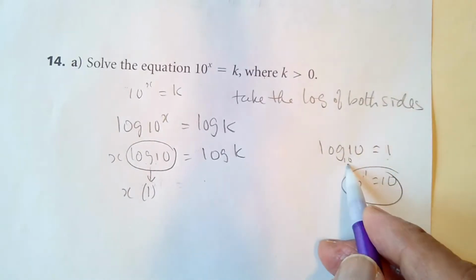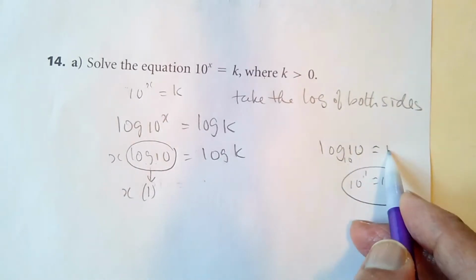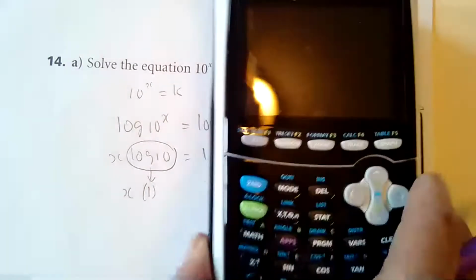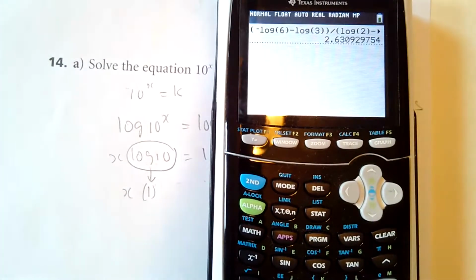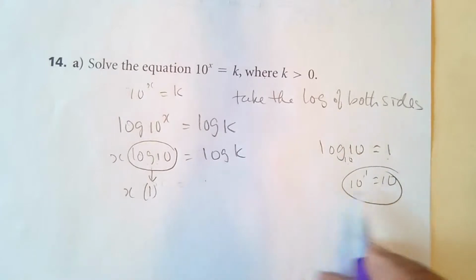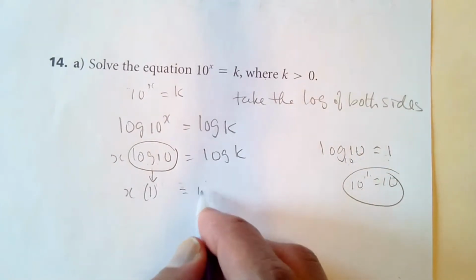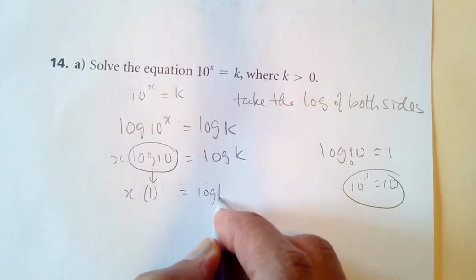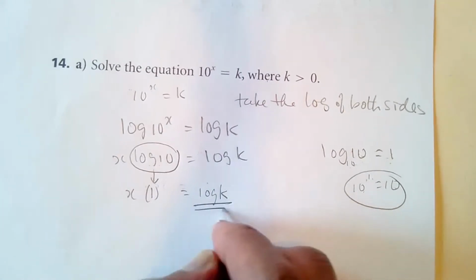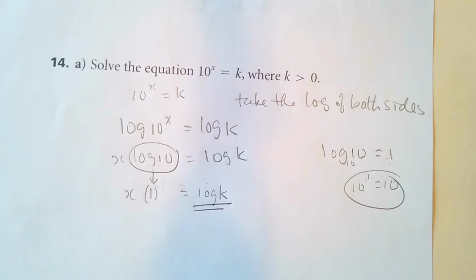So we substitute log 10 is equal to 1. And if you were to put that in your calculator, you could see that. Let's try that: log 10 is equal to 1. So x is equal to log k. So there you have our final example question.